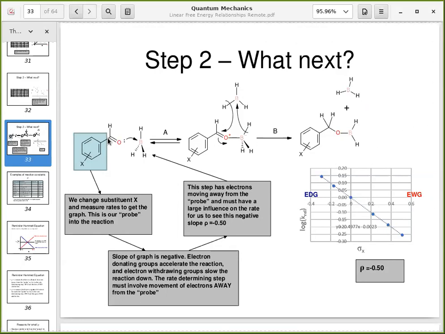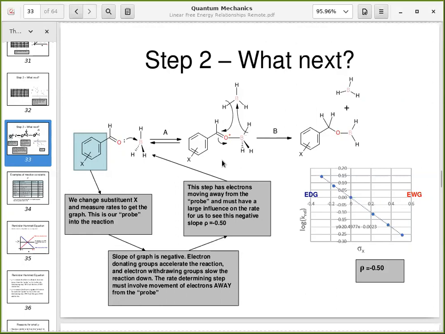The second case is if you have both a gain and a loss of electrons. I want you to have a look at this mechanism over here. If you're sitting over here, here's your probe. Is it right to say that you have a loss of electrons and a gain of electrons? Think about that.